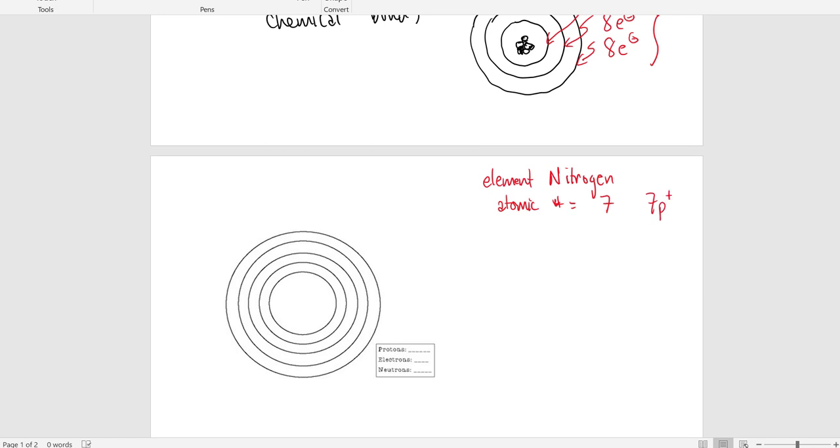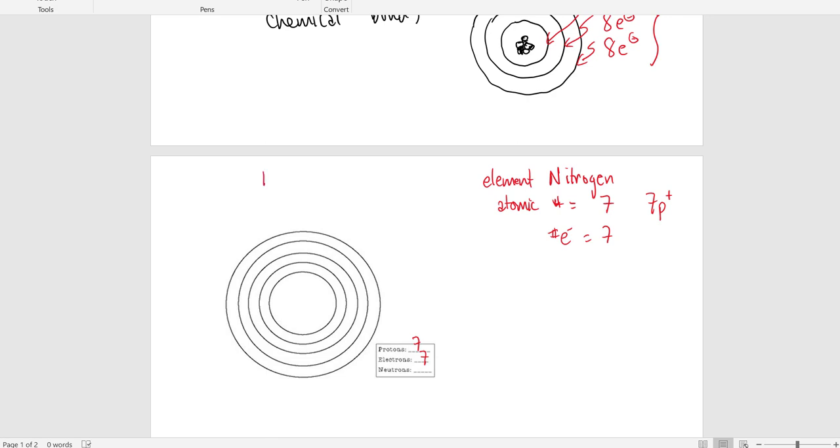And because it has 7 protons, it will also have 7 electrons. So we've got 7 protons, 7 electrons, and for the neutrons, we'll just leave that for now. We don't have to worry about that for showing this atomic structure.